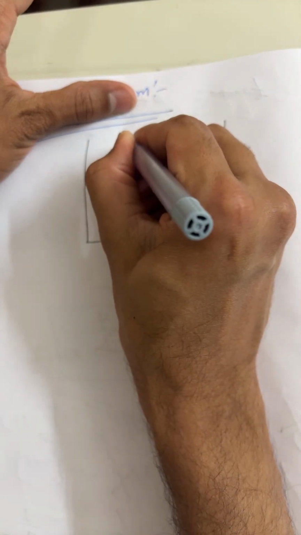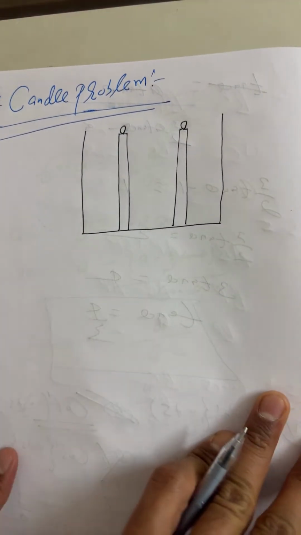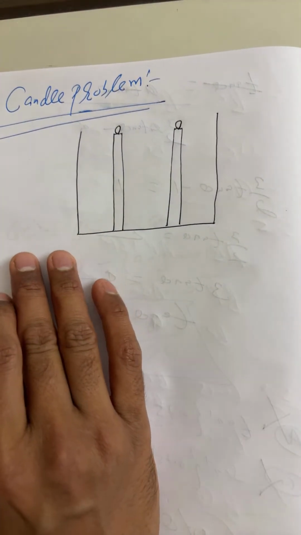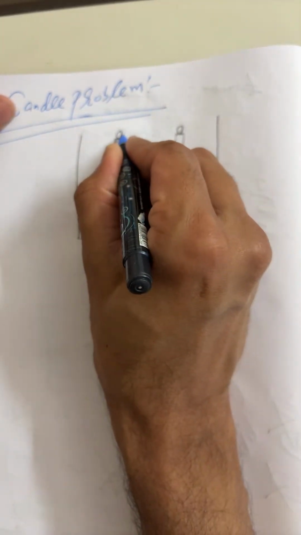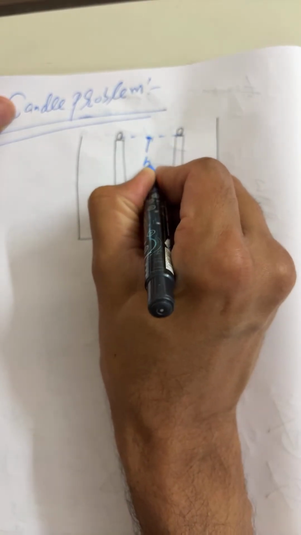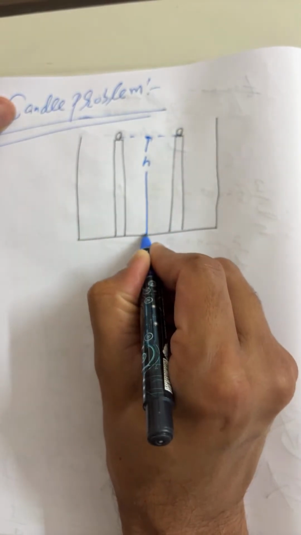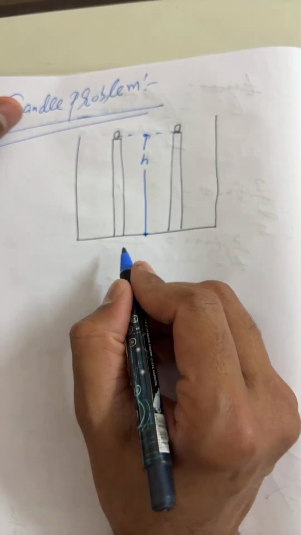So this is the candle. This is the candle, right? This is height h. Everything is mentioned in the question itself.